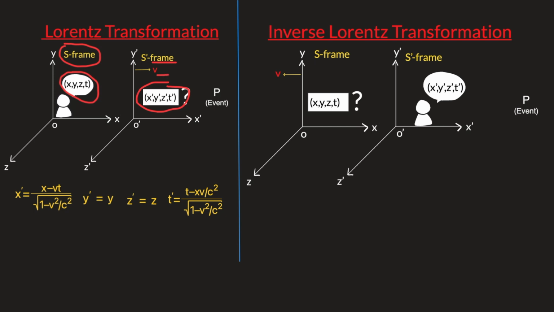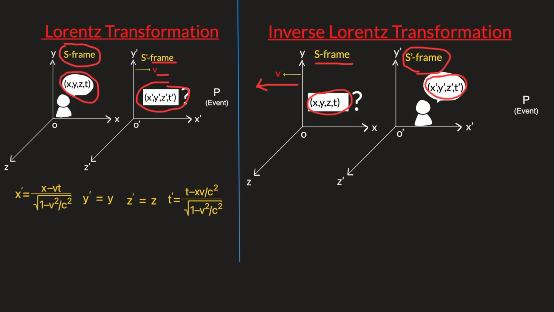On the other hand, for the case of inverse Lorentz transformation, now you have shifted to the S dash frame. So now you know the primed coordinates x dash, y dash, z dash and t dash and want to calculate the unprimed coordinates with respect to S frame, which is moving with constant speed minus v, because this is going towards the negative x direction.